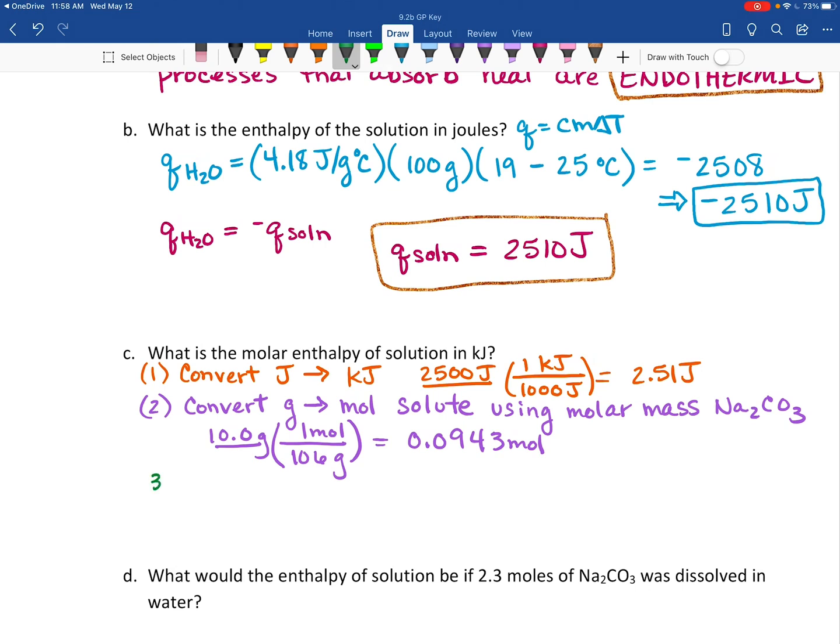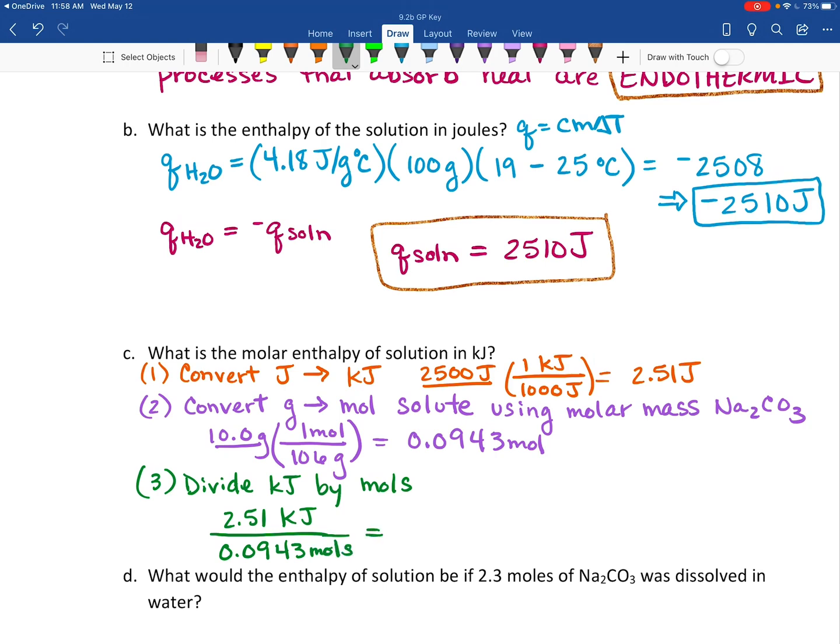So now, for step 3, we divide kilojoules by moles. We're going to take our 2.51 kilojoules and divide that by the 0.0943 moles.